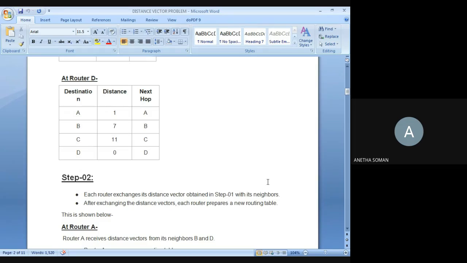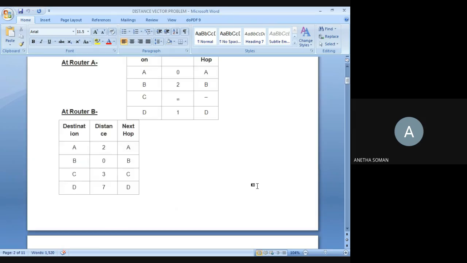Just write down there: router A receives distance vectors from its neighbors B and D. Now what you have to do is write the initial routing table of router A on the left hand side.